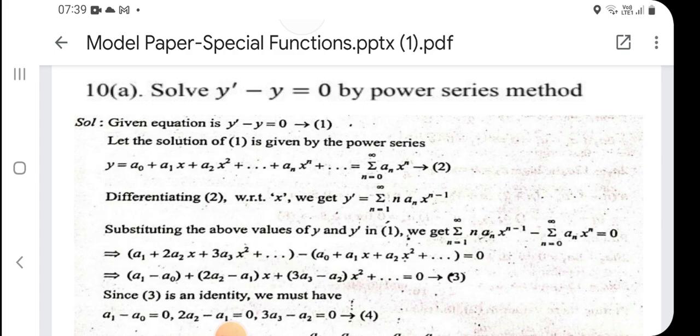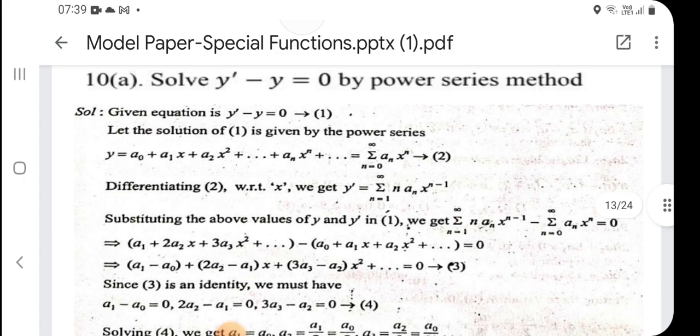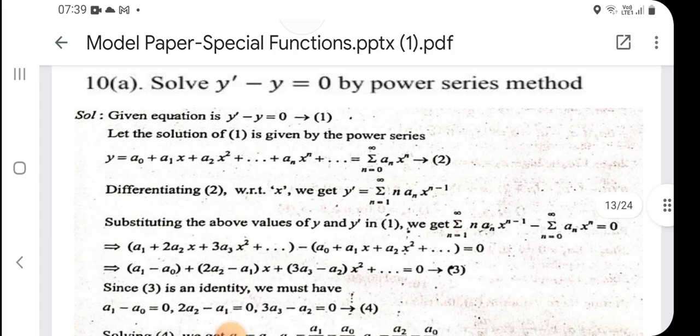Now substituting the above values of y and y dash in the above equation 1, we get summation n an x power n minus 1 minus summation an x power n equal to 0. Now giving the values, when n is equal to 1, the first term becomes 1 into a1 into x power 1 minus 1.